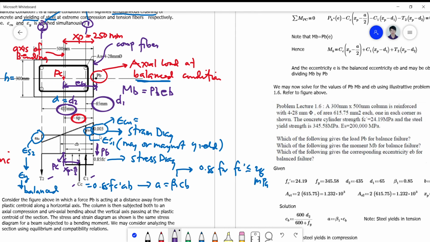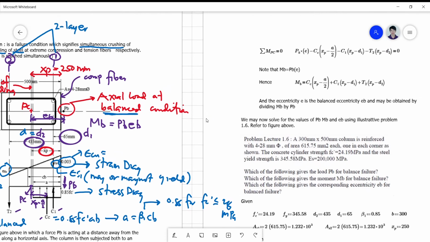So you will find a negative value there. So you can interchange this.